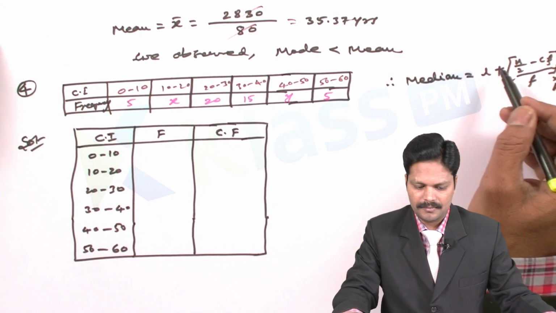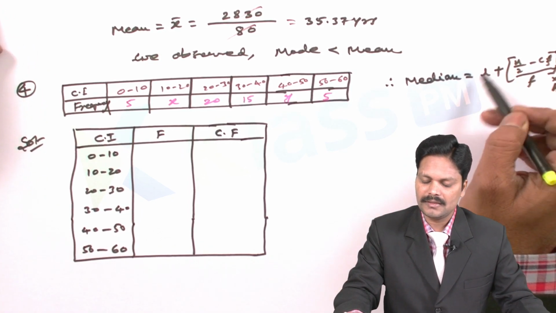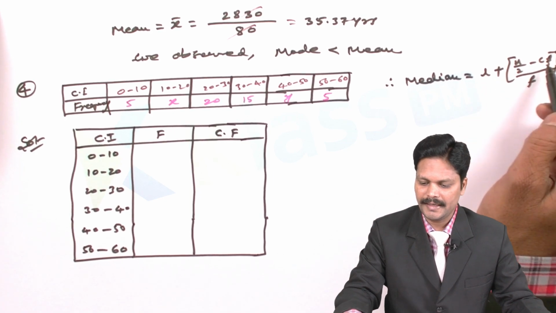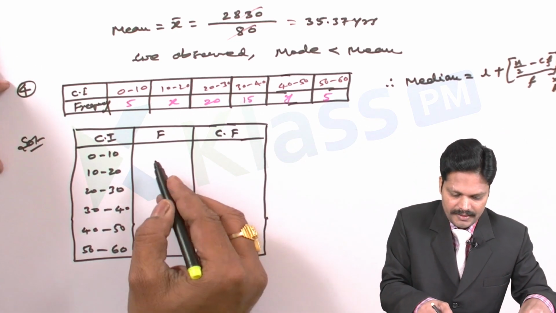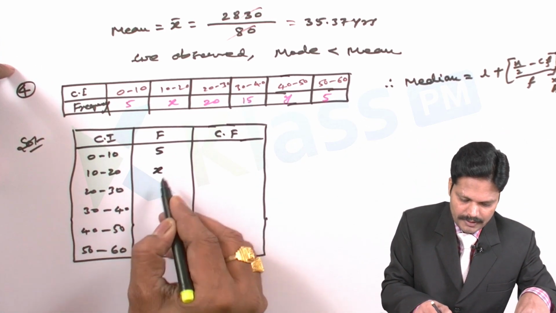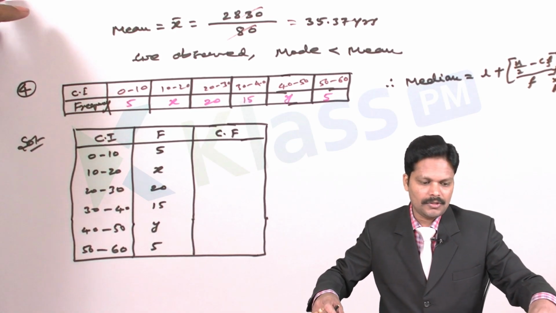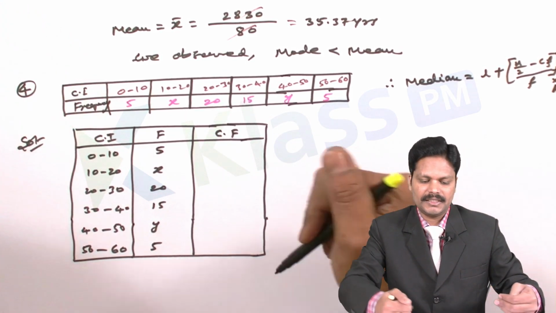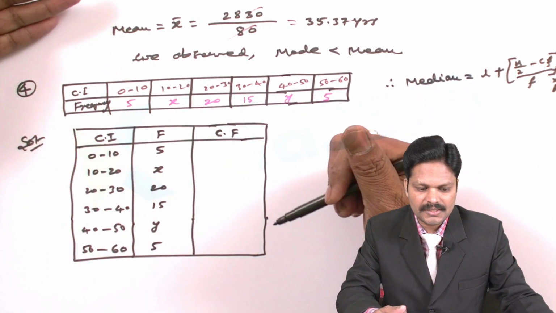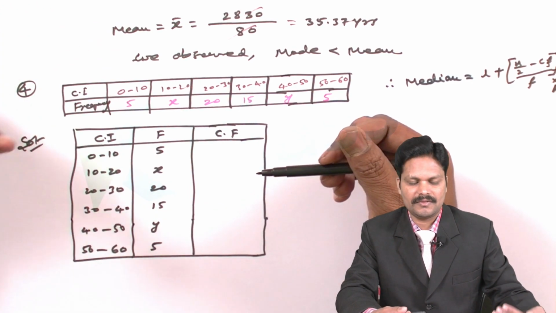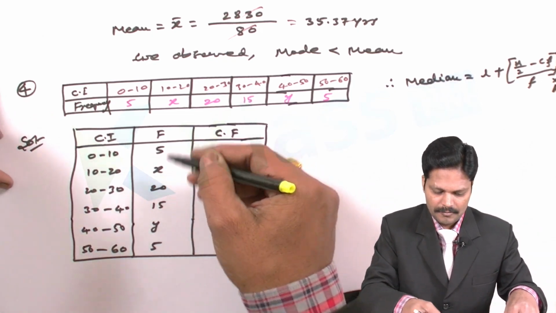In the previous problem I explained how to take the L value. It is the same procedure here, and CF means cumulative frequency. The frequencies are 5, x, 20, 15, y and 5. For cumulative frequency, we can take either less than or greater than cumulative; that is our choice, since it is not mentioned. We add from upwards to downwards.